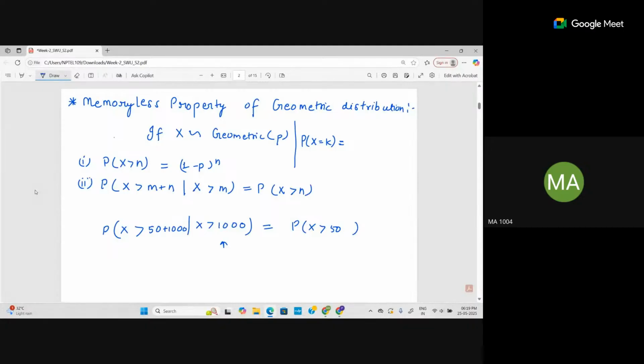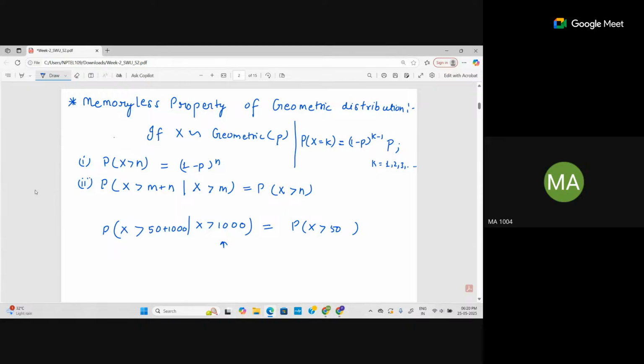We need k trials to get the first success. So this will be 1 minus p to the power k minus 1, which means until k minus 1 trials you are getting failure, and then at the kth trial you are getting your success. And here k will take values 1, 2, 3 and so on. So this is the PMF for geometric distribution.